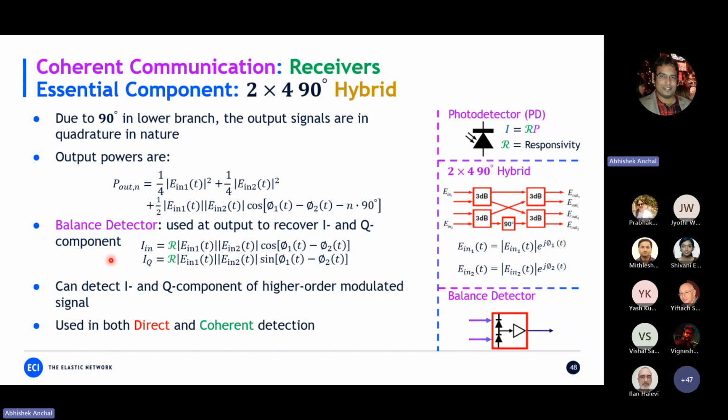If you remember the IQ model, how we generate higher order modulation, we have a constellation diagram, and we use an IQ modulator to generate it. And if you have a detector which can separate these I and Q components, you are able to detect the higher order modulation, and that's what it's used for. So this is the reason it is used in both direct and coherent detection as well.